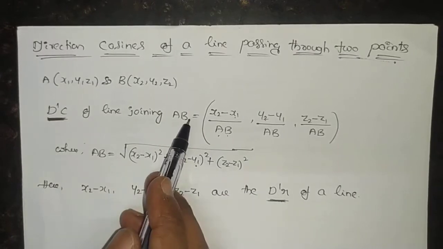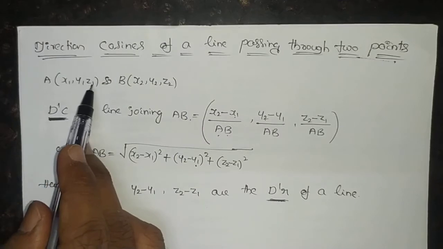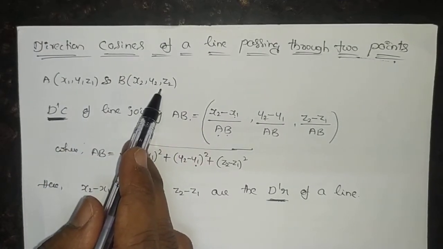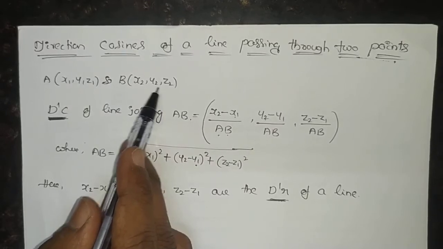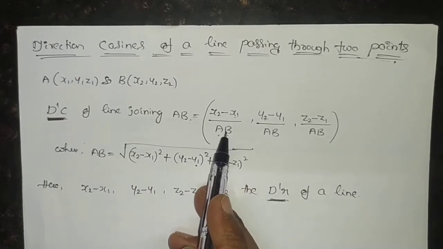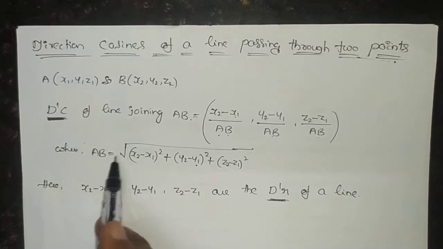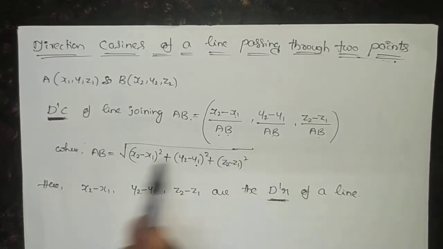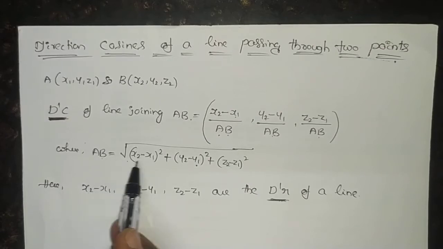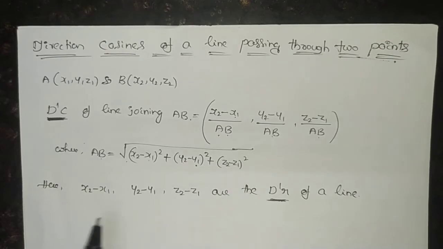It is the formula to find the direction cosines of a line. Once again, let the point A(x1, y1, z1) and the point B(x2, y2, z2) be any 2 points. Then the direction cosines of the line joining AB are x2 minus x1 by AB, y2 minus y1 by AB, z2 minus z1 by AB, where AB in the denominator is the distance between the 2 points A and B, the square root of (x2 minus x1) whole square plus (y2 minus y1) whole square plus (z2 minus z1) whole square.